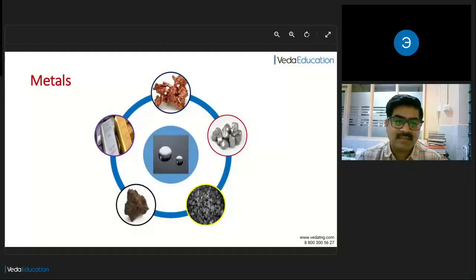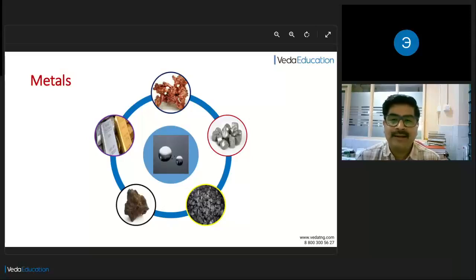Okay? The central one is mercury. На следующем слайде мы видим картинку, в центре которой находится ртуть, как основной фундаментальный металл. Then the upper one, the first one, is copper. The second one is lead. And the third one is tin.